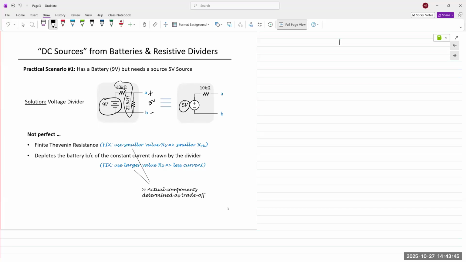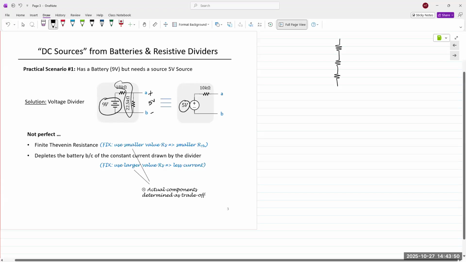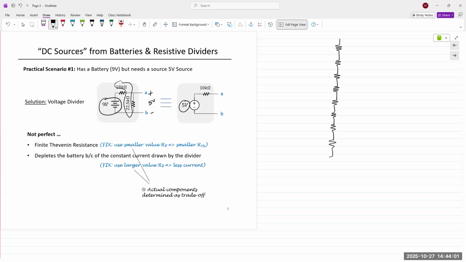So let's say if we wish to obtain more outputs for any combination of 0 to 9 volts, 2, 3, 4, 5, 6, 7, 8, and 9. Then we can create a circuit like this with resistors that are all equal in value.